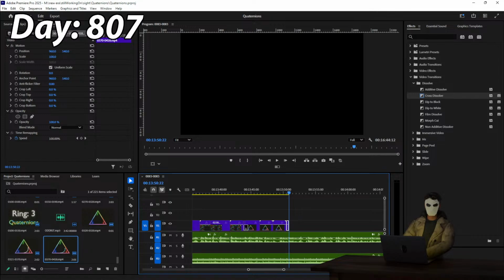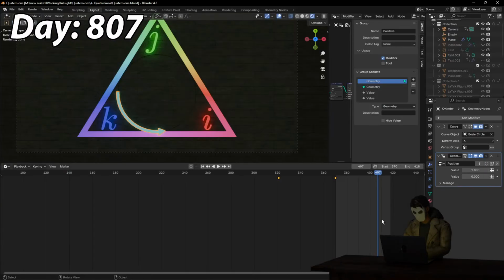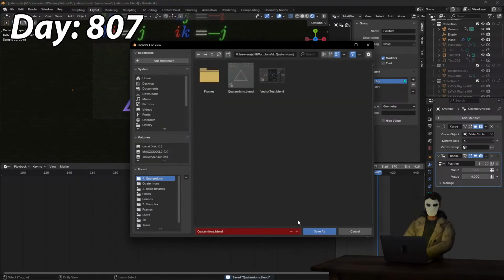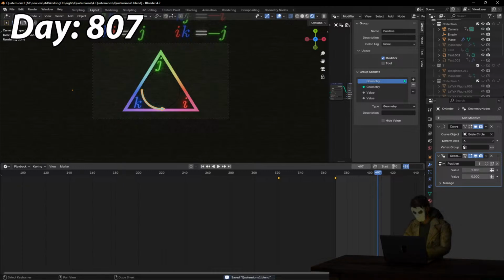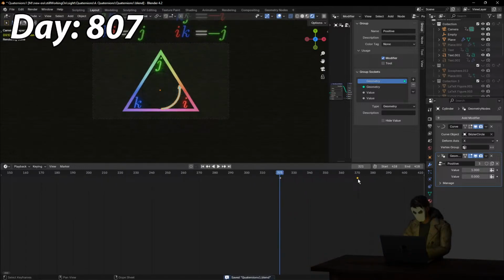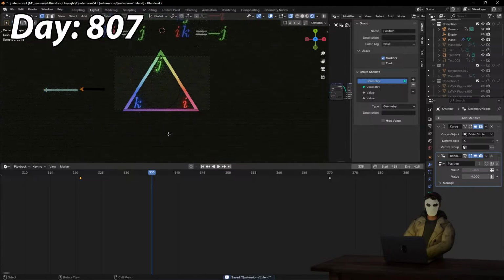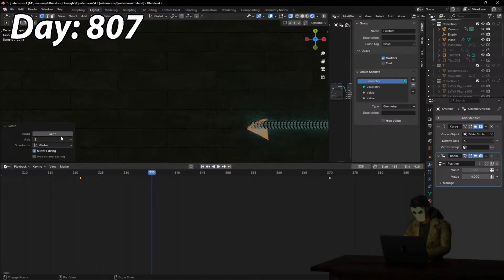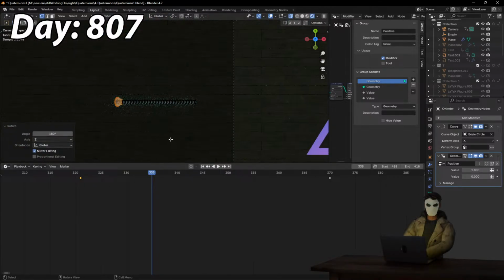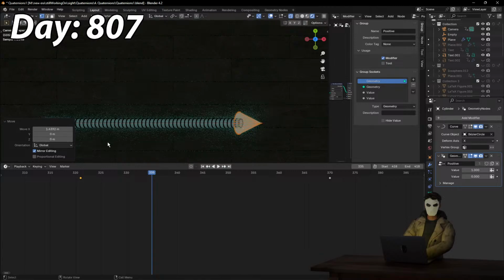And now what we need to do is we need to have it go backwards. It must go backwards. There we go. Now you need to be inversed.